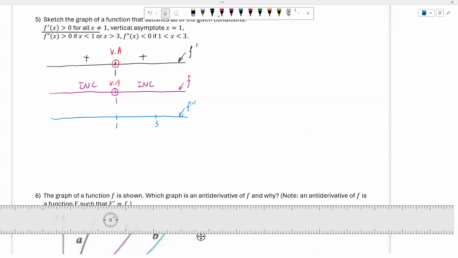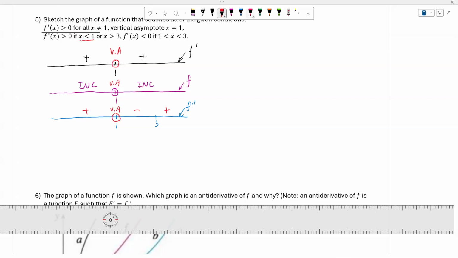Remember we have a vertical asymptote at x equal to 1. f double prime is positive when x is less than 1 or x is greater than 3, and f double prime of x is negative if x is greater than 1 and less than 3.